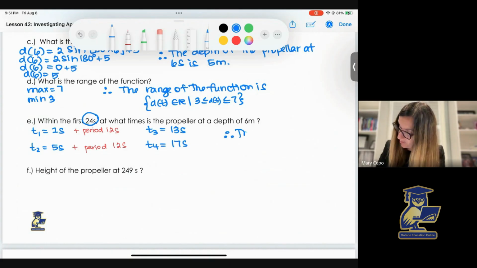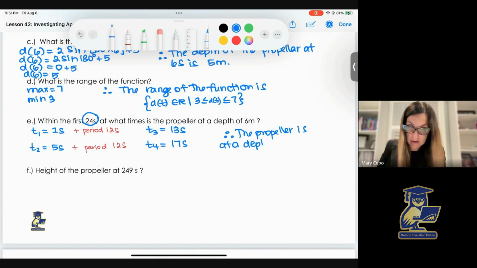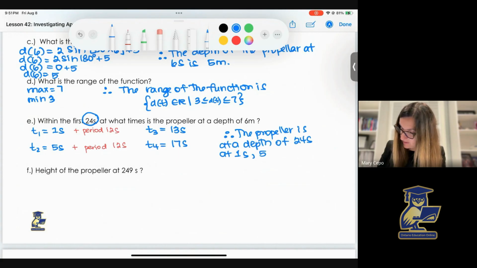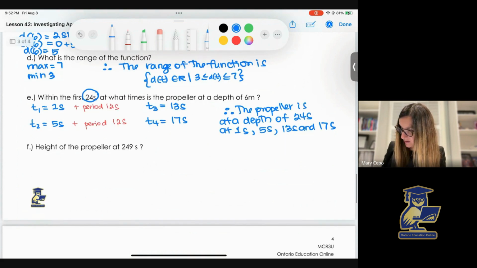Therefore, the propeller is at a depth of 6 meters within 24 seconds at 1 second, 5 seconds, 13 seconds, and 17 seconds.